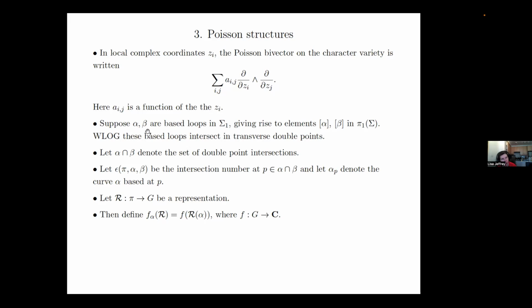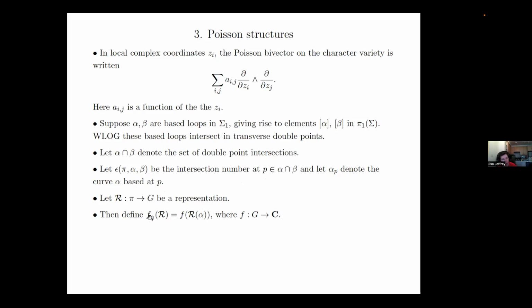So typically these base loops intersect, we will require that the base loops intersect in transverse double points, and write alpha cap beta as the set of intersections. And epsilon denotes the intersection number of the loops at the base point P. Alpha sub P denotes a curve alpha based at P, and R just denotes a representation.